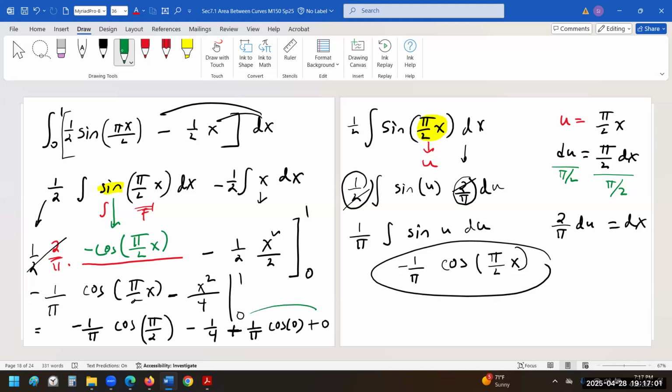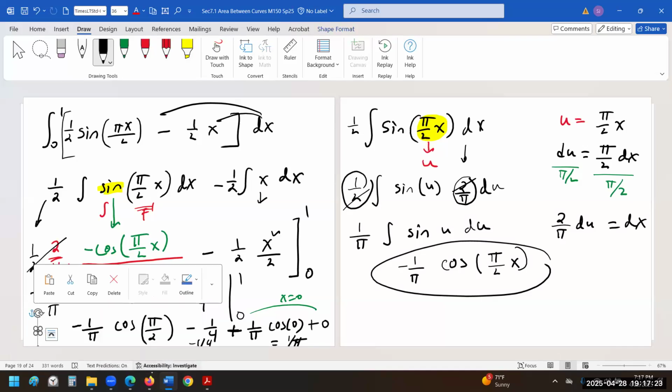This is the second part when our x is 0. The cosine 0 is 1, right? So this gives us 1 over pi, and this is minus 1/4. Cosine pi over 2 gives us 0, right?